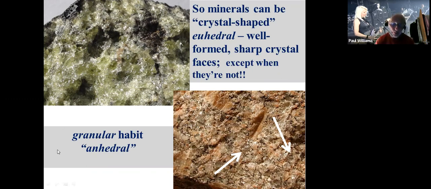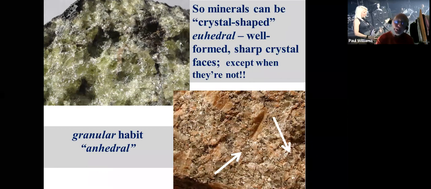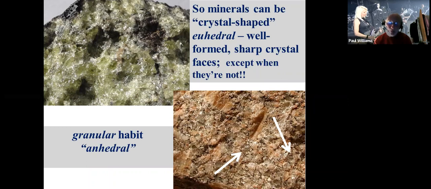Anhedral means absence of shape. And some of the minerals that you're going to look at will be anhedral. There are some classic minerals which we're going to learn tonight which do not have a proper crystal shape when we see them in hand specimen. And the sooner we're able to recognize, identify, and push these to the back of our memory, because we know them by that time, the better.